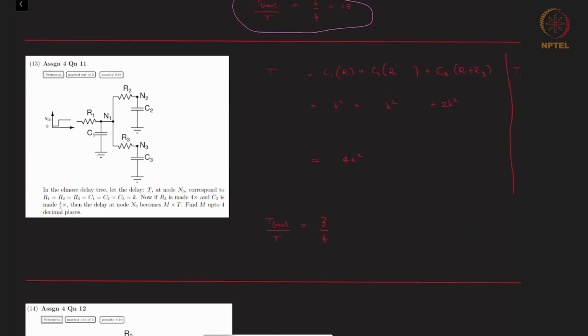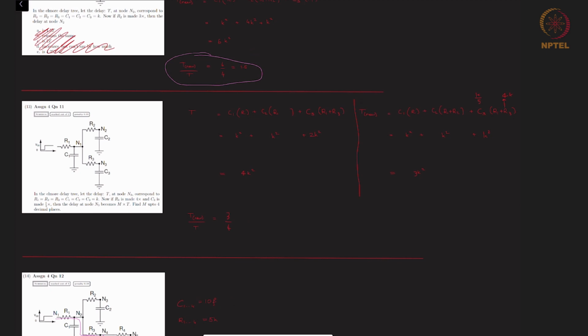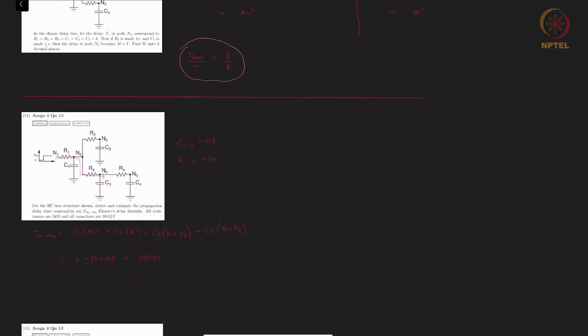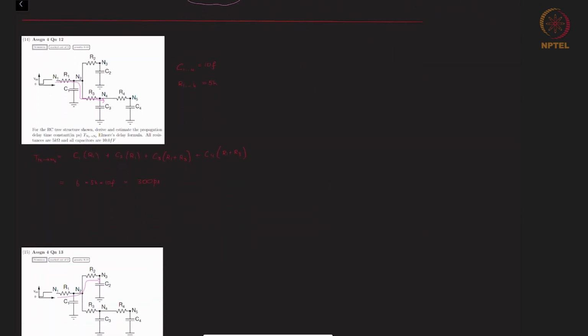A similar reasoning for question number 11. I'll pause the video at this point and you can work it out yourself. The answer is 3 by 4. For question 12, the answer comes out to be 300 picoseconds.